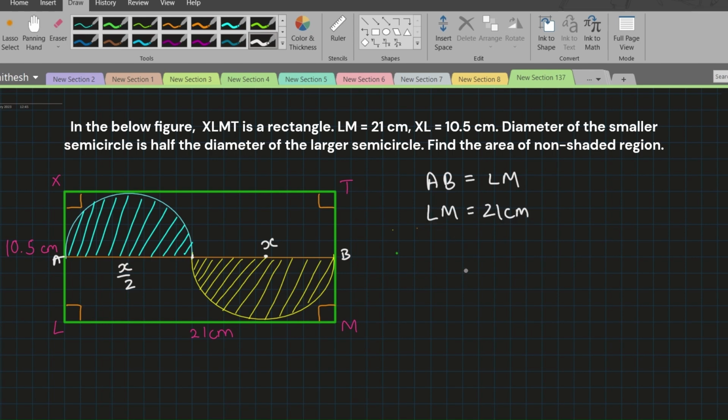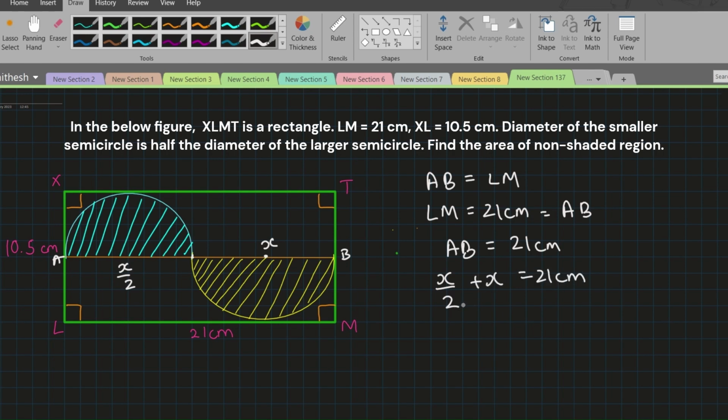Therefore, we can also say that AB is equal to 21 centimeter. So if you take the whole length and both the diameters, AB will be equal to 21 centimeter, and in place of AB, I can write x by 2 plus x is equal to 21 centimeter.